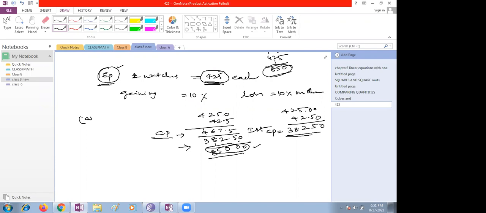That means one watch he bought for rupees 382.50 and the other watch for 467.50. These are the cost prices. The total cost price is 850. The same way, the selling price you already gave as 425 each, 2 times 425 is 850. Both are same, right? Yeah, ma'am, I understood.